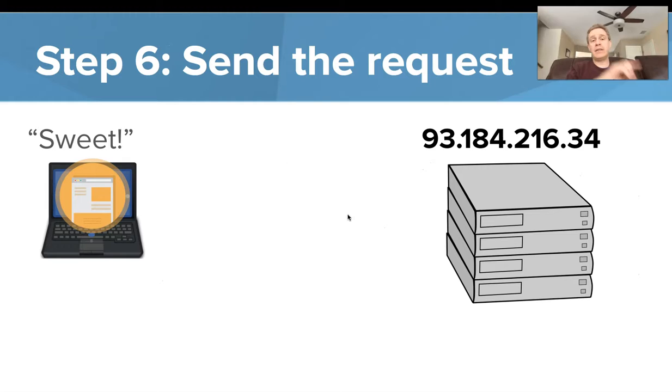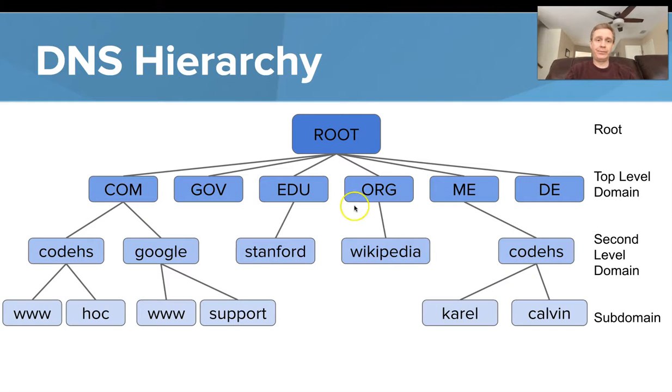And I should say that that whole process, while it took me several minutes to do, your computer goes through that whole process in less than a second. So it's really, really quick. And in order to be able to have that really quick search process to find IP addresses to particular domains, that's where this hierarchy comes into play. Because this hierarchy kind of breaks things up so that you're able to find specific IP addresses to domain names in a quick and efficient manner.